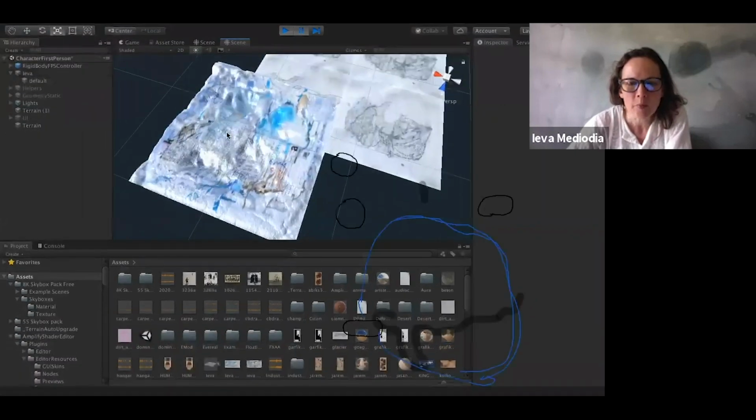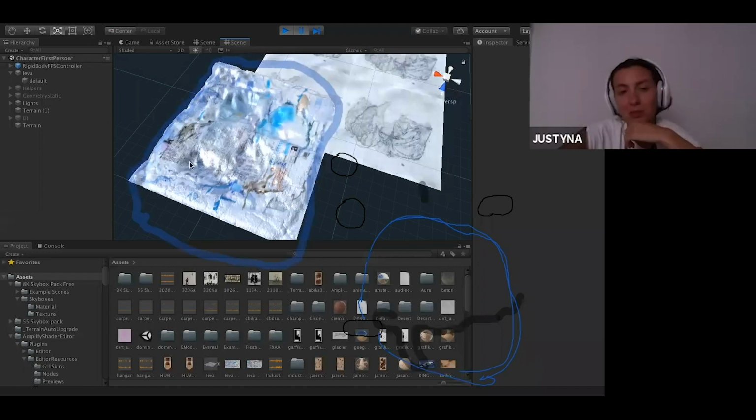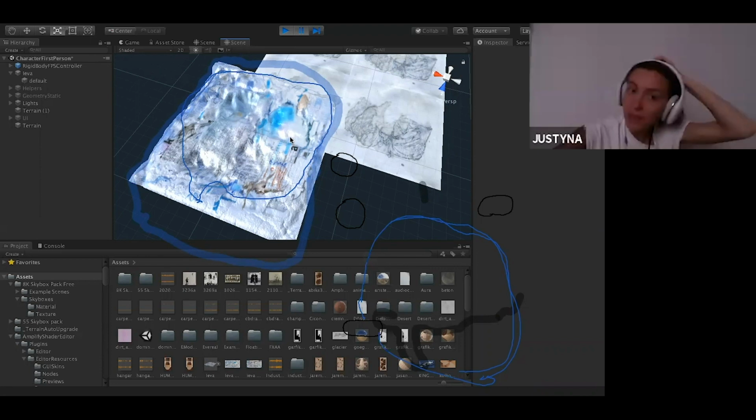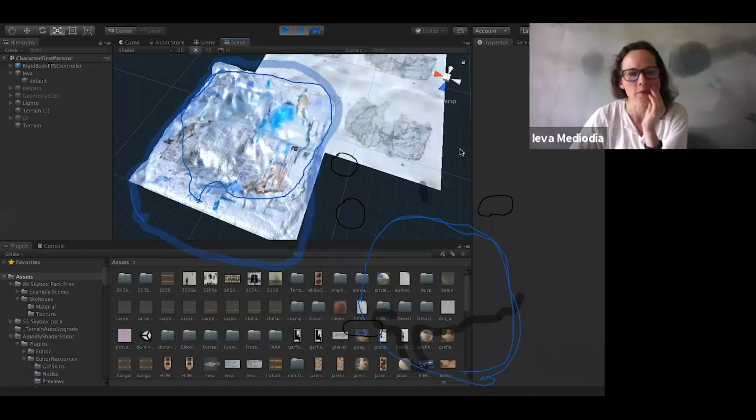The shape, could it be like a King George Island or Antarctica shape? Yeah. This is the question. What are the borders? What are we referring to? I have to be in the borders, right? I cannot go out. Yeah. I mean, just to sketch it, not necessarily exactly how it's gonna look.